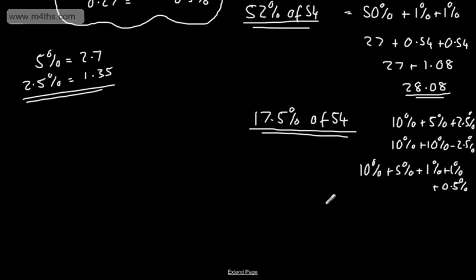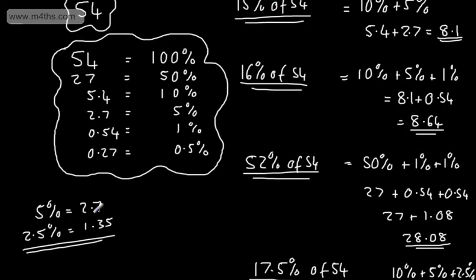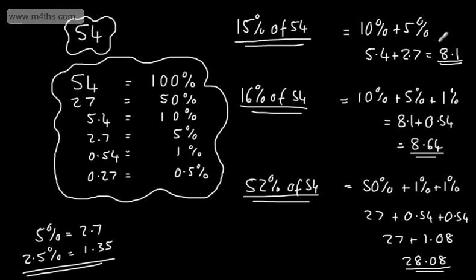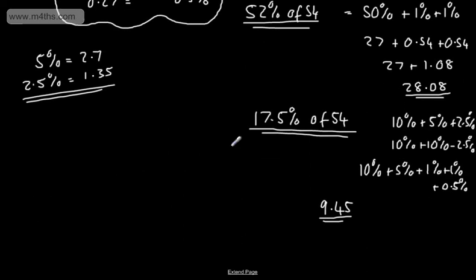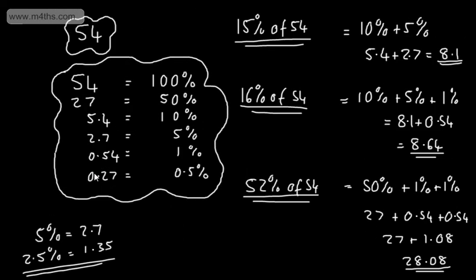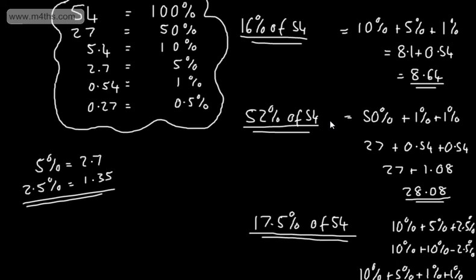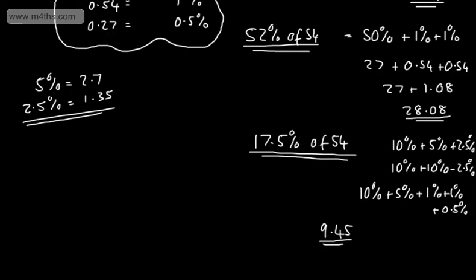And that is 17.5% of 54. So all I've done, I know that 15% is 8.1. I've added now 1.35, and we end up now with 9.45. So there's some basic calculations now of finding the percentage of a quantity without a calculator. Lots of different approaches, but these are typical examples of how you could do it.